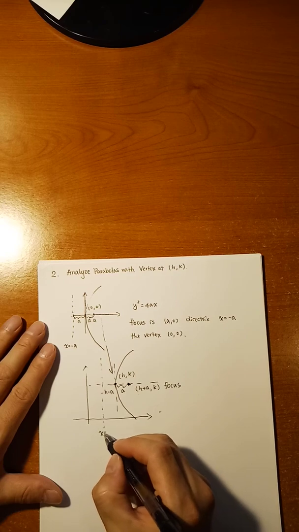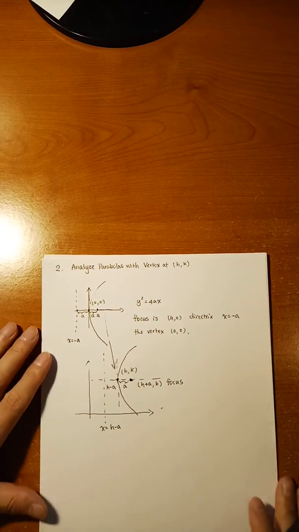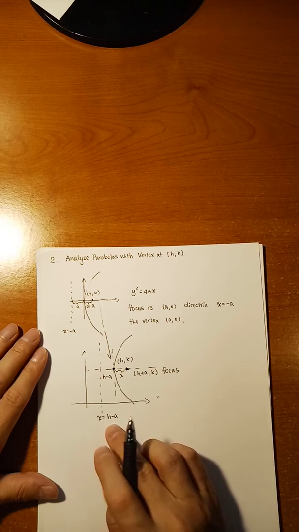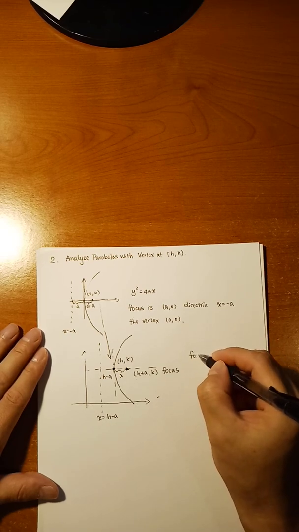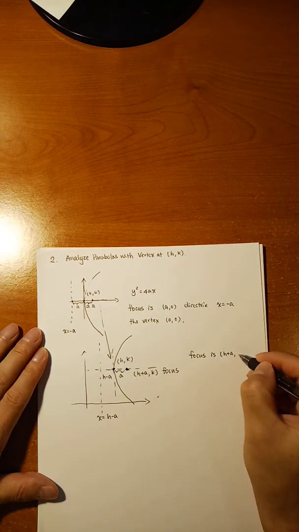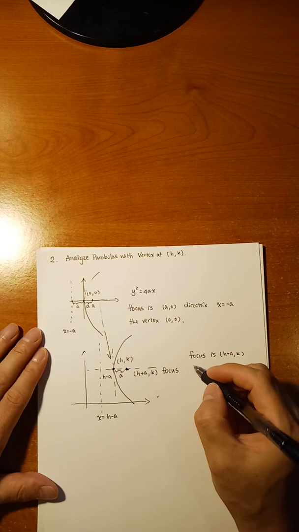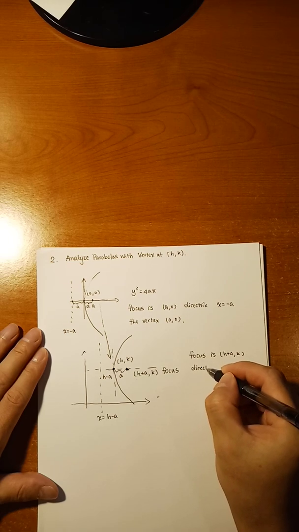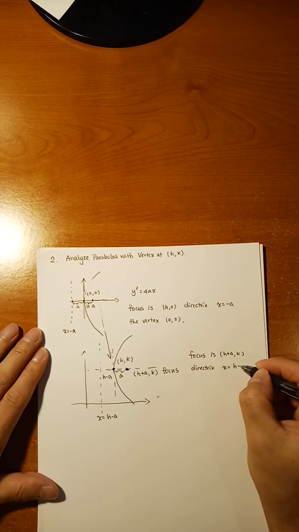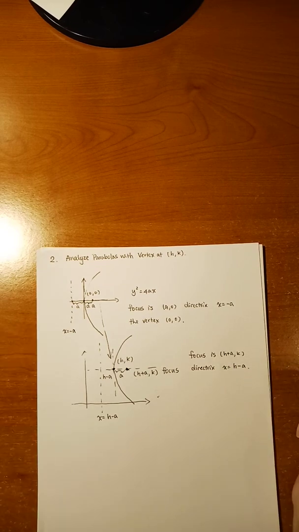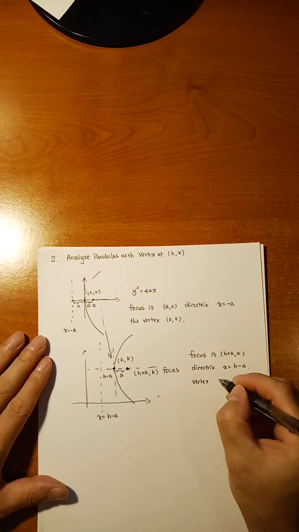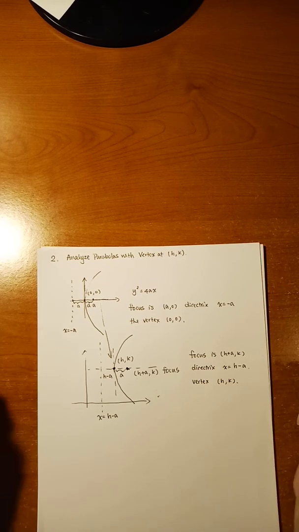So this time the directrix is at h minus a. So the focus is (h plus a, k) because you move to the right. The directrix is x equals h minus a.